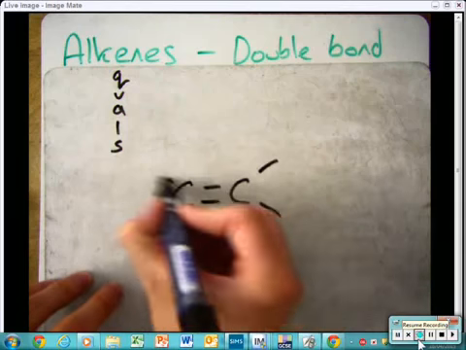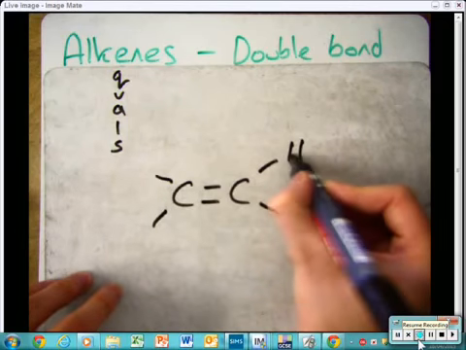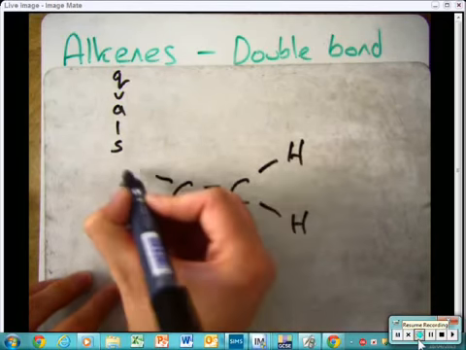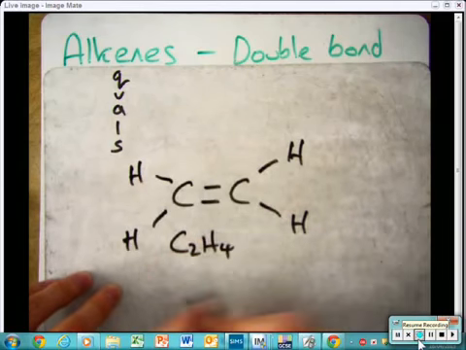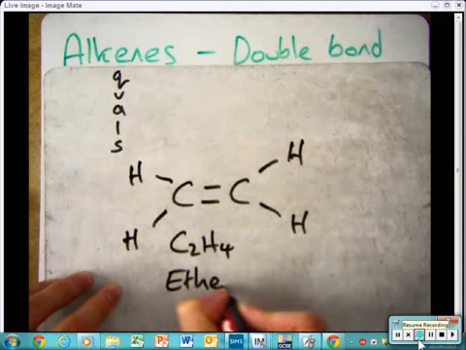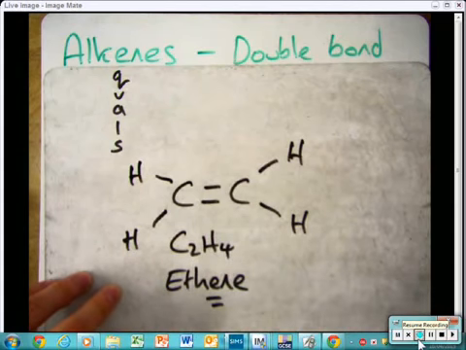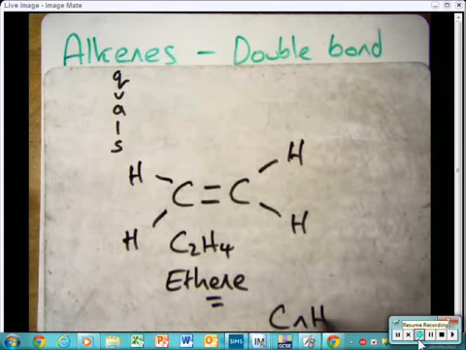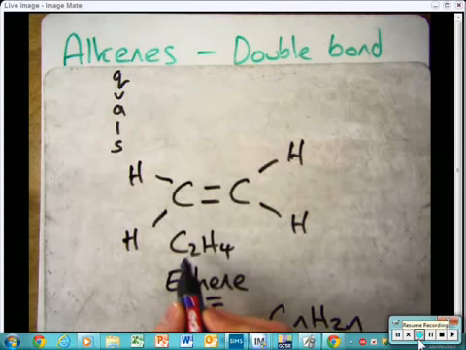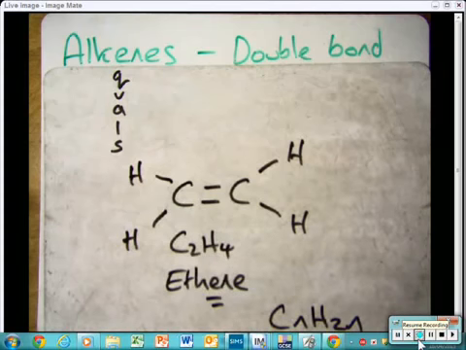This one, 1, 2, 2 more bonds in. Fill it in with hydrogens. And this one is C2H4, which is ethene. Notice the difference between this and ethane. Less hydrogens. It's got a formula of CnH2n. So you just double the number of carbons, so C2, 2 times 2 is 4, and there you go.